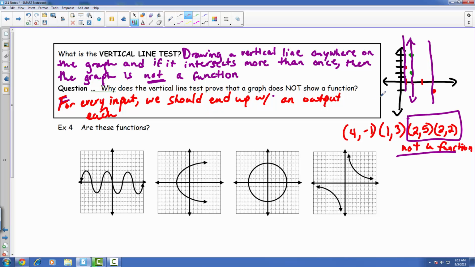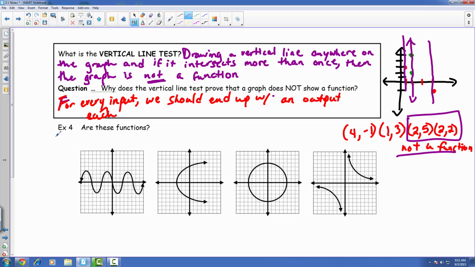So in other words, how that relates with our graph here is we have this input, he went to an output. We had this other input, 4, went to an output. We had this input 2, it went to this output 2, but it also went to this other output 5. That can't happen. So for each input, we should end up with an output.